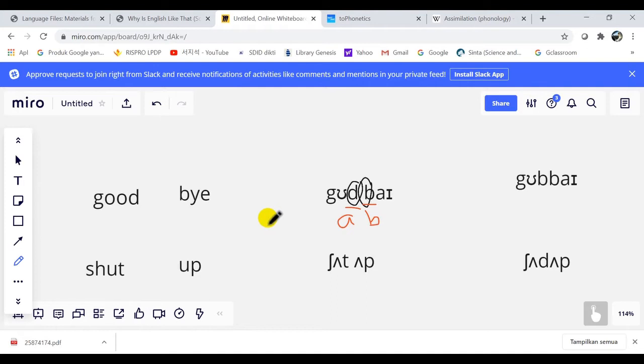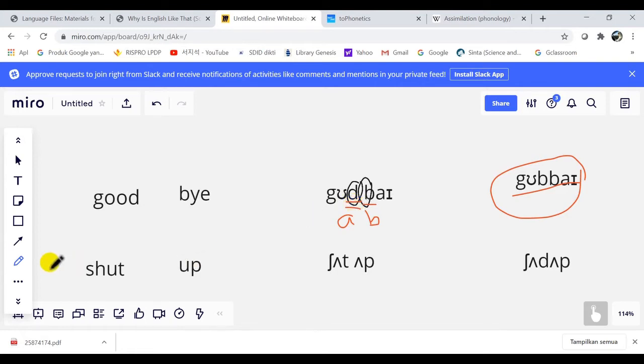So people do not say "goodbye" with d, but mostly they say "goobye" with b. It is not a matter of whether it's right or wrong. It is what people usually do. So instead of saying goodbye with d, they say goodbye with b. Why do they say it that way? Because by changing the d, it becomes an assimilated sound. We change d into b, and the pronunciation will be easier.